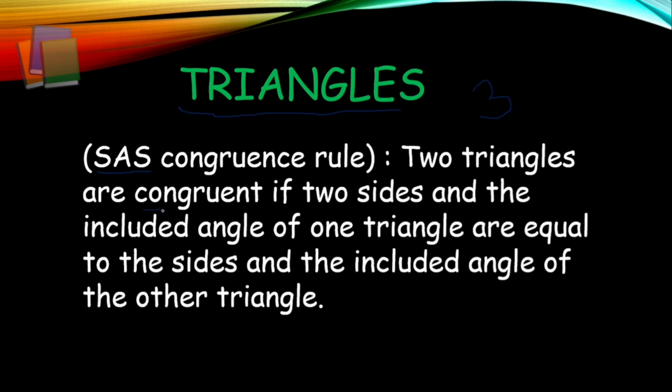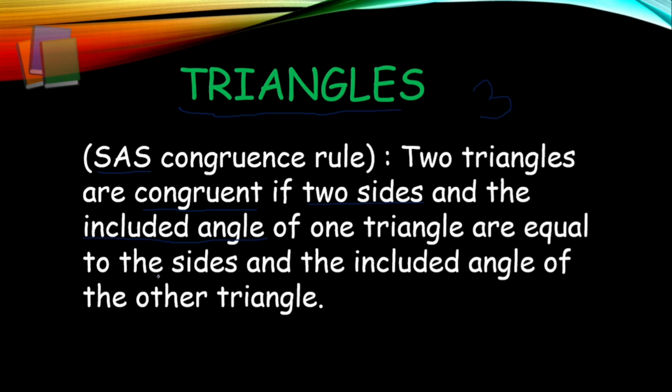One is the SAS congruence rule. It says two triangles are congruent if two sides and the included angle of one triangle are equal to the sides and the included angle of the other triangle.